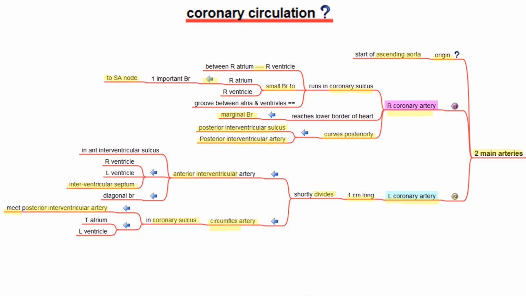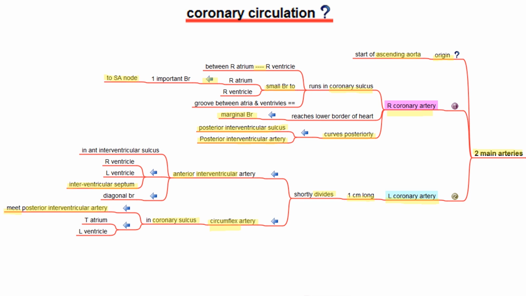Now this right coronary artery will give branches to the right atrium and the right ventricle as it runs in the grooves. These are small branches that supply the right atrium, and it also gives a very important little branch to the sinoatrial node.